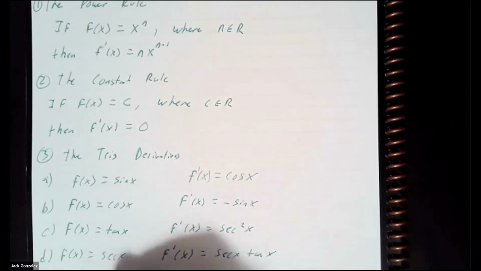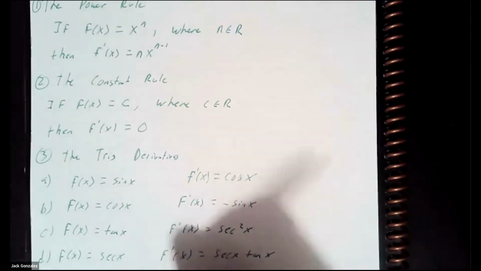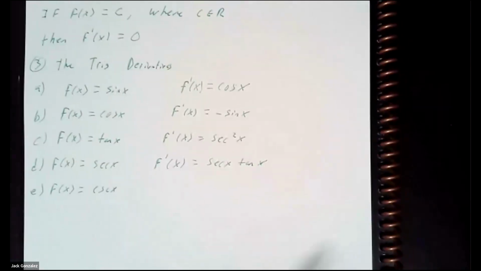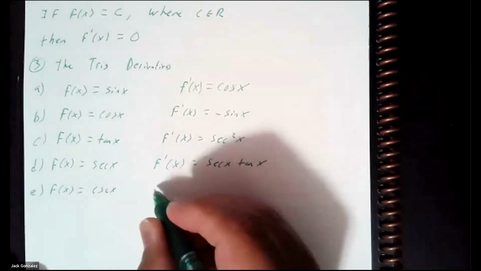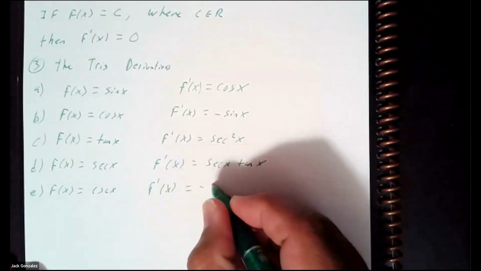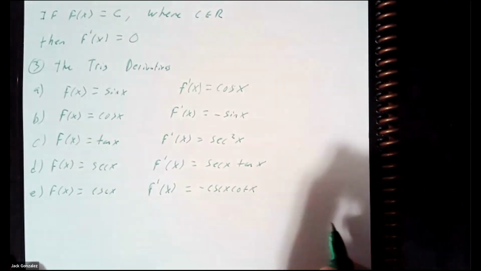If your function is cosecant, the derivative will equal negative cosecant x cotangent x.